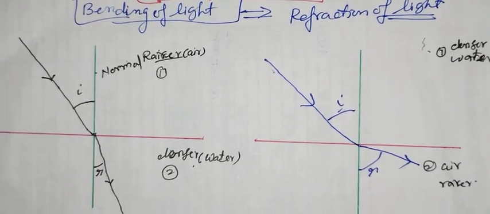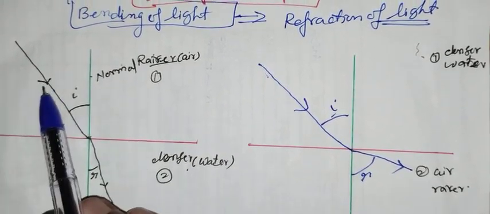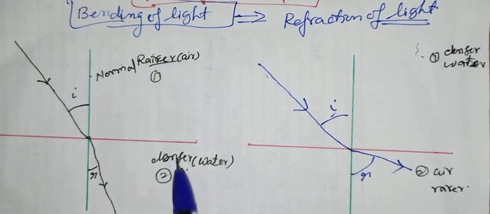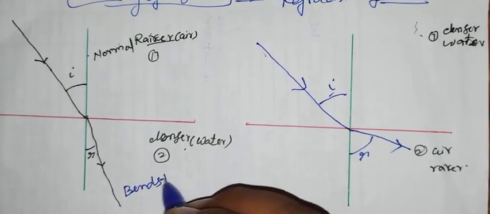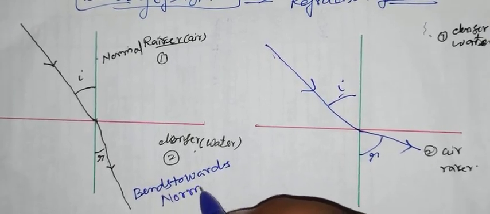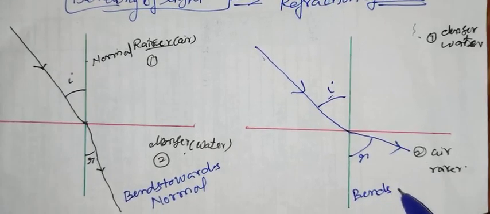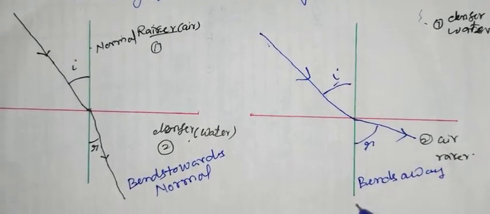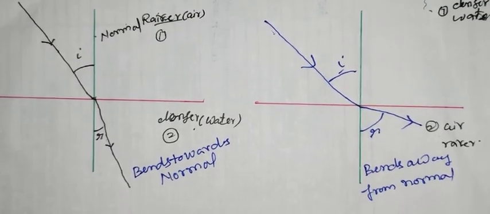Now let us compare both diagrams. In the first case, when light passes from rarer medium to denser medium, it bends towards the normal, and here it bends away from the normal.